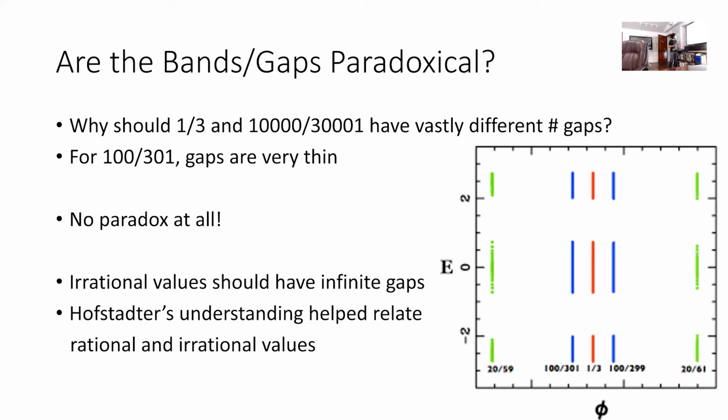So this kind of resolves the paradox when you realize this, because now we see, oh, OK, these rational values with a low q have a low number of bands. But then if we go away from it, there's just going to be these really tiny gaps that appear. But that's just like the bands themselves, because if you solve a Schrödinger equation for a potential, say one single square well, if it's shallow enough, you'll get just one energy state.